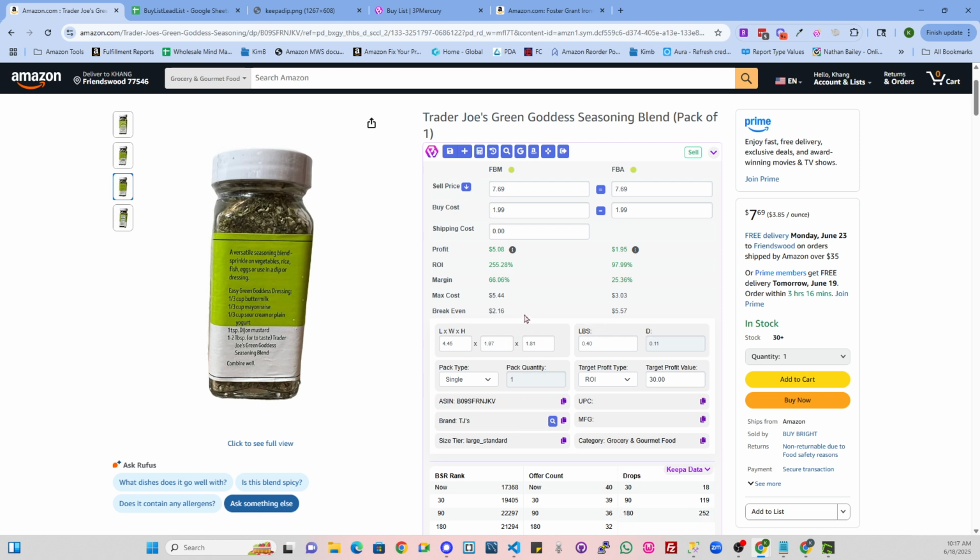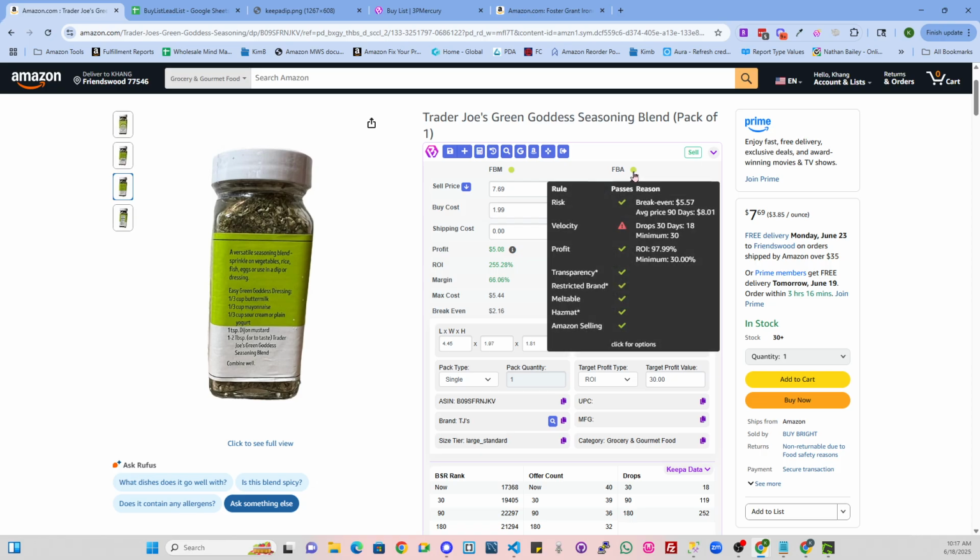Well, with 3P Mercury, the difference is we try to automate all of this as much as possible. And what we did was we came up with this quick decision button that instantly tells you in a color code whether or not it passed or failed in terms of your criteria.